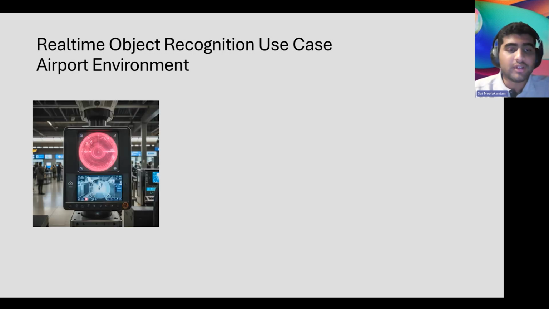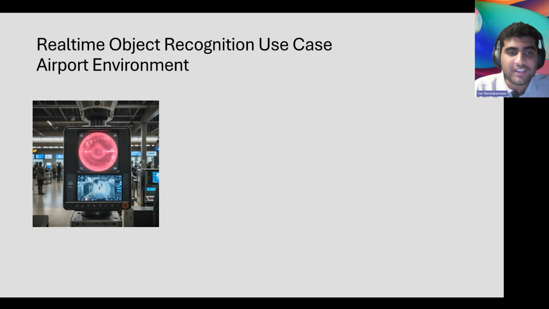For example, there is a camera in a security control in the airport, which acts as a camera feed, and it detects objects. What if the security board wants to flag certain items like firearms?